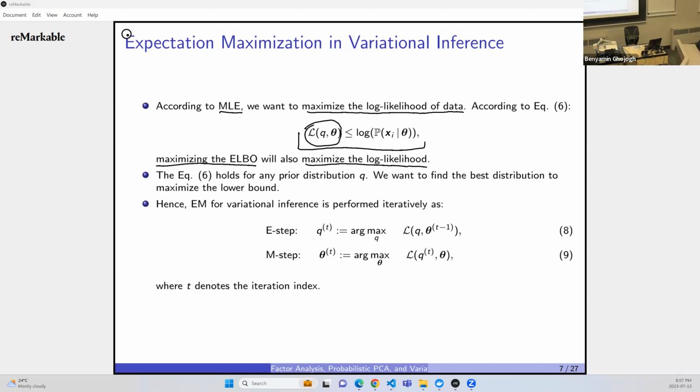I have talked about it in my optimization course. Assume in your optimization problem, you have something you want to maximize, but it's very hard for you. You find a lower bound for it and you maximize the lower bound. By maximizing the lower bound, the function also gets maximized.